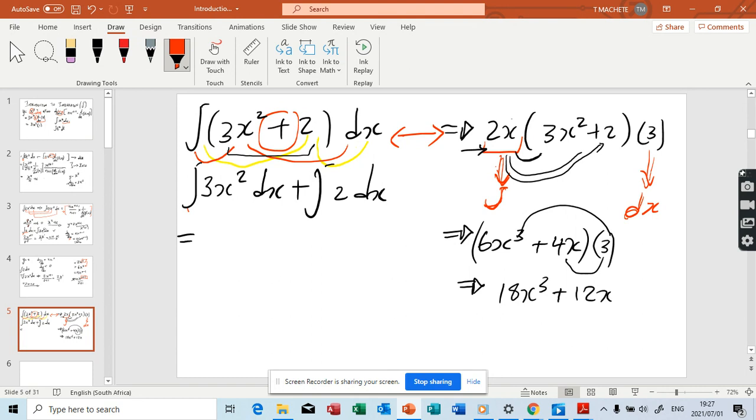What's your confusion? On the left, you mean this side? Please ignore this side.